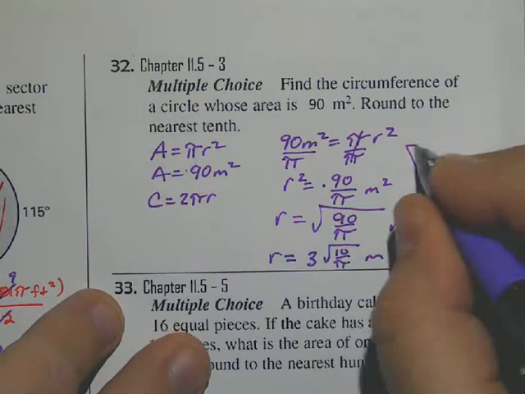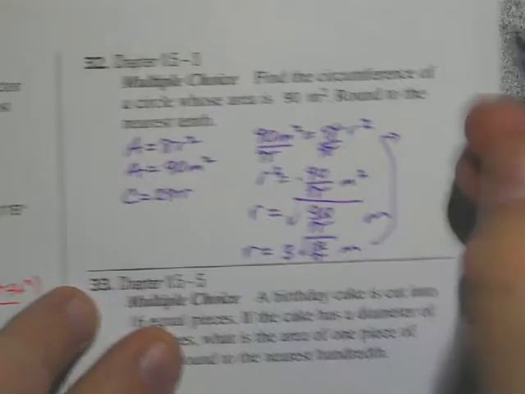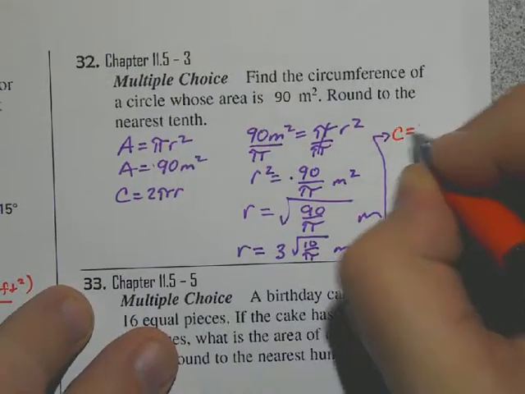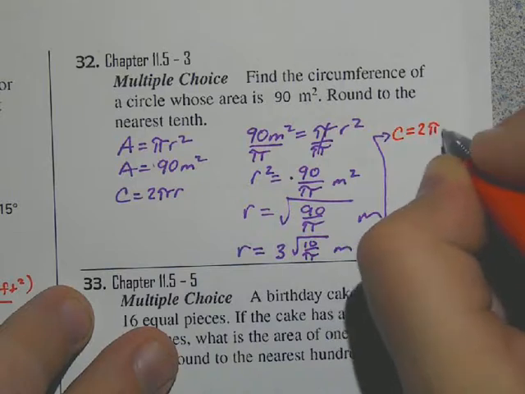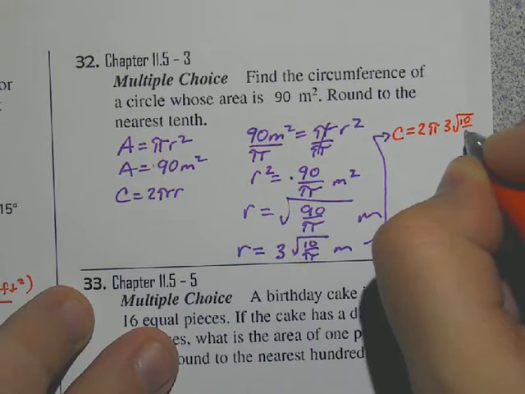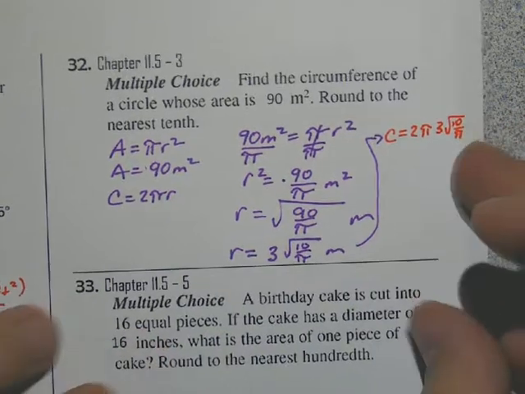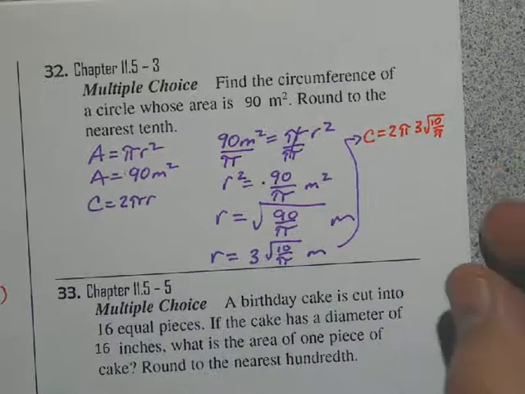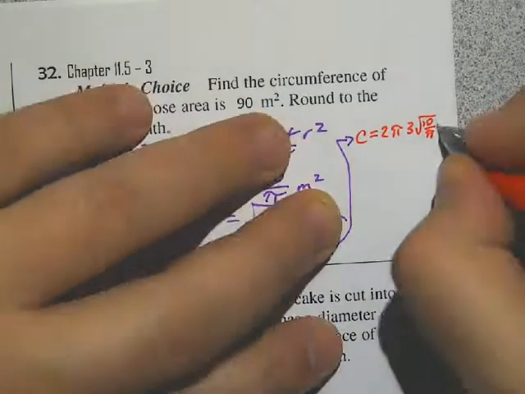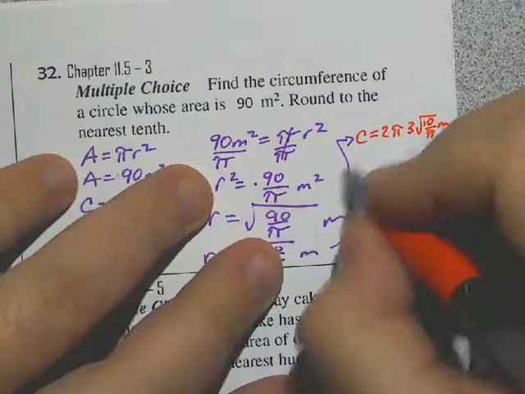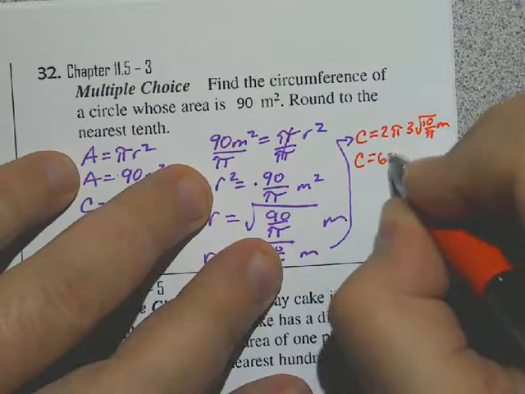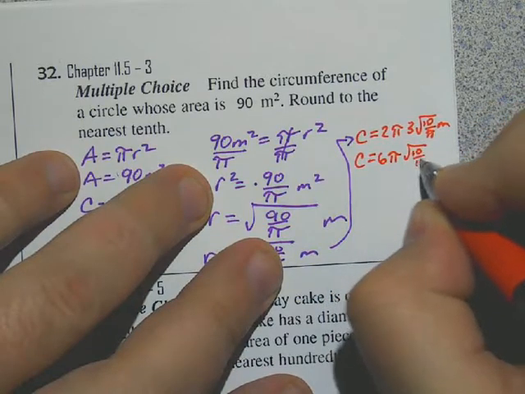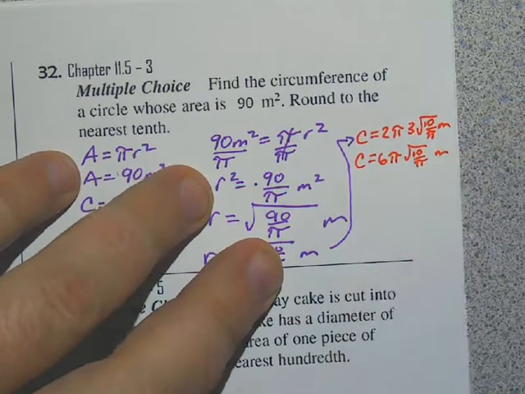So I'm going to come back up here, and I'm going to say, look, c equals 2 times pi times this 3 root 10 over pi meters. And so this is going to be c equals 6 pi root 10 divided by pi meters. I'm going to put that in my calculator.